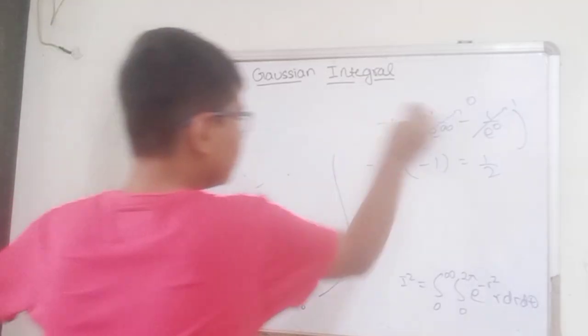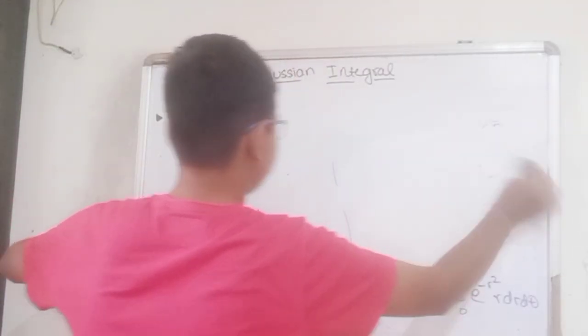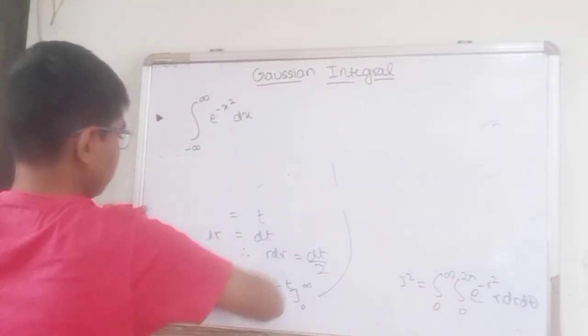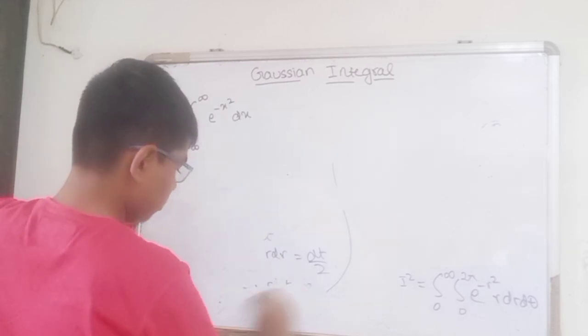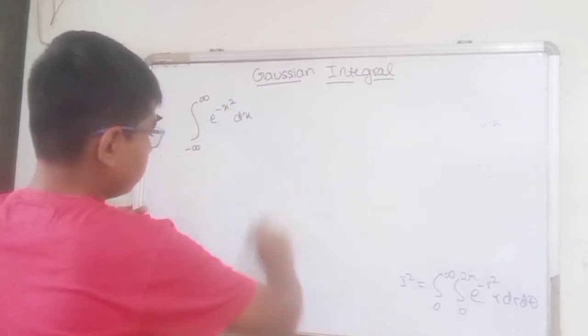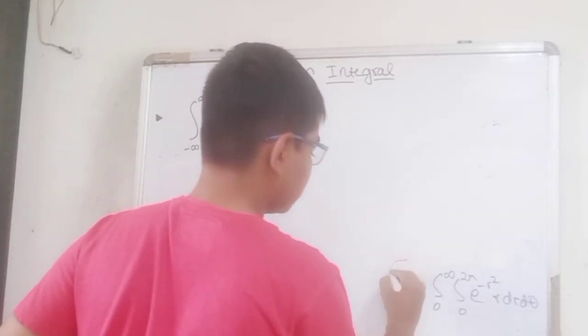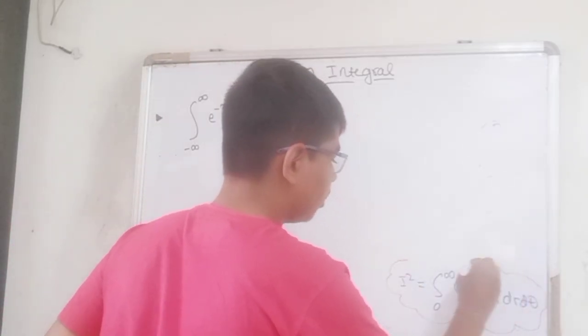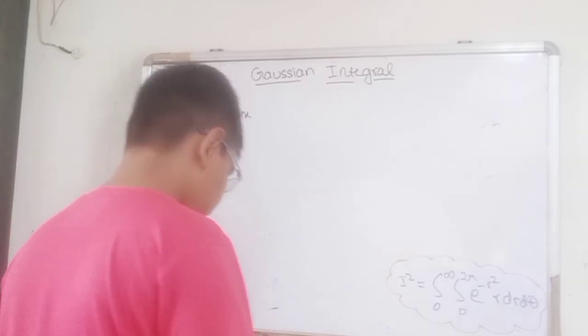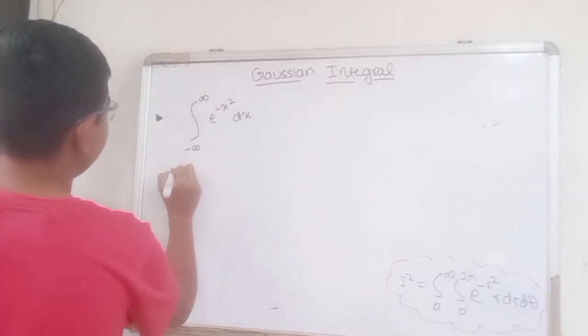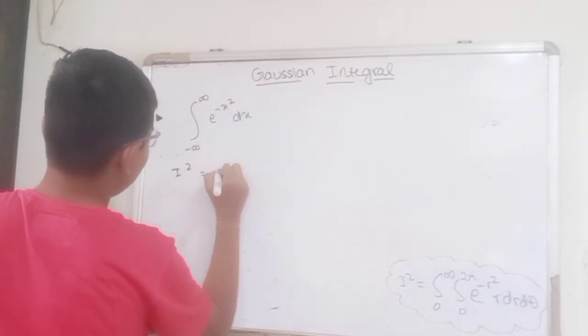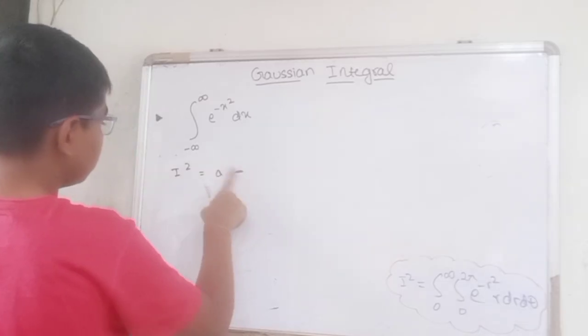Now we'll do the last part of this. Let me do this with that pen. We had this equation, we solved it, and we got this. With the black pen, let me do it. I square is equals to a into b.